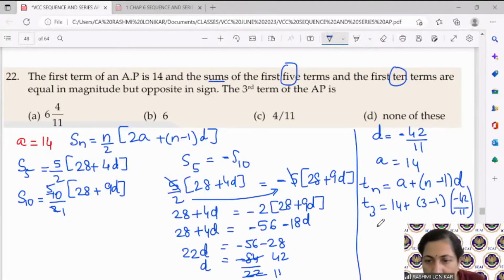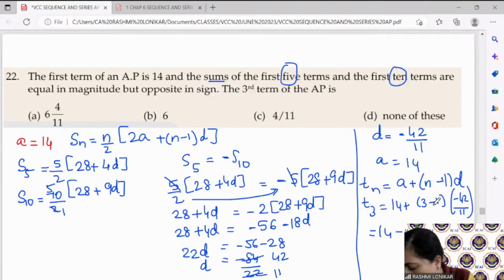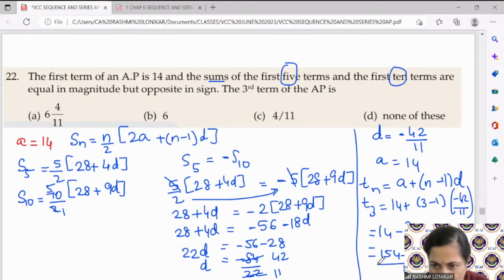Now let me solve this. This is 14 plus 2 into minus 42 upon 11, which is 14 minus 84 upon 11. So 11 into 14 is 154, minus 84 upon 11, which is equal to 70 upon 11.